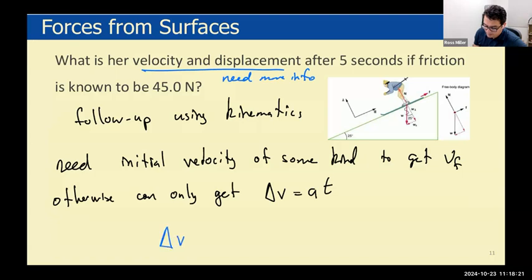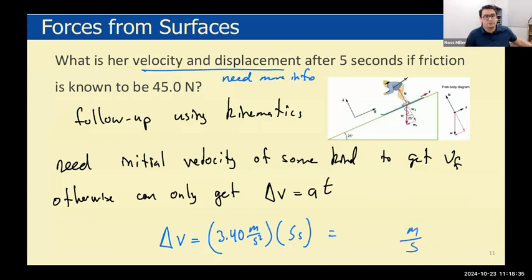But I can get delta V: this 3.4 meters per second squared number times 5 seconds. I just want to make it clear that sometimes you have to be given more information to solve.